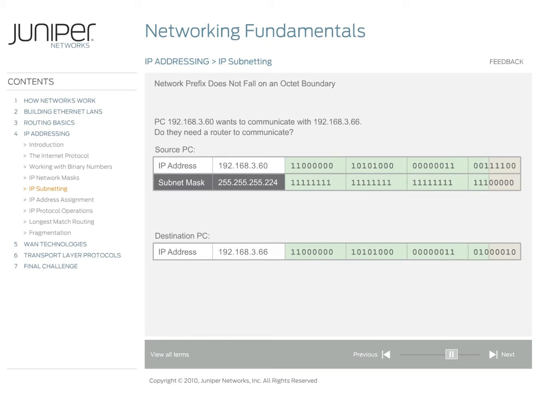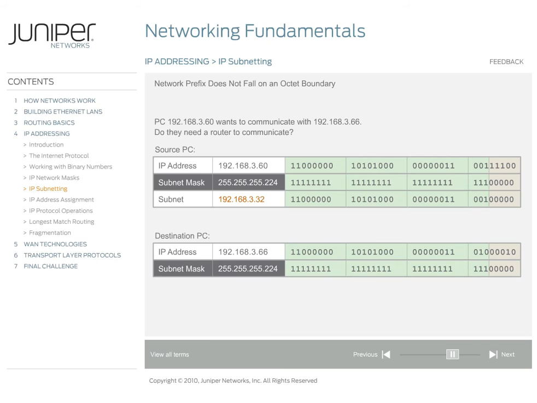We apply the subnet mask to the source IP address and determine that the subnet number is 192.168.3.32. Now if we apply the same subnet mask to the destination IP address, we determine that the subnet number is 192.168.3.64. Because the 2 devices are not on the same network, they must use a router to communicate.